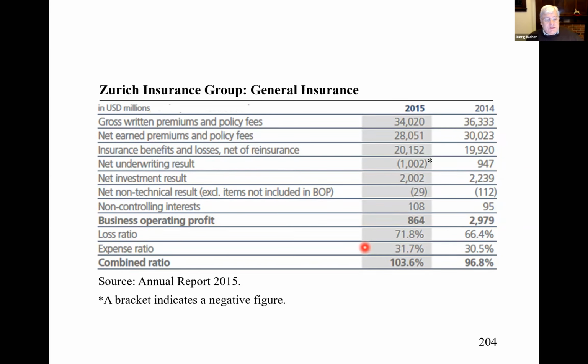So we should not neglect those expenses. And then we have the combined ratio, which is simply the sum of the loss ratio and the expense ratio. It's above 100%. At least in 2015, the year earlier, it was below 100%.